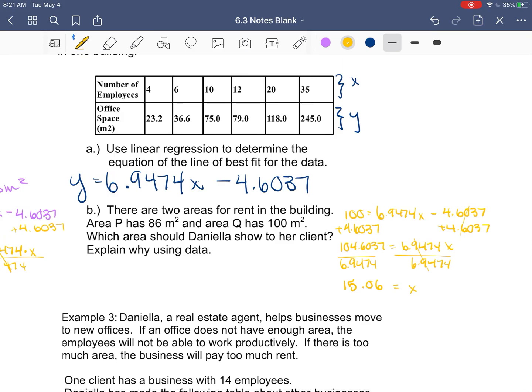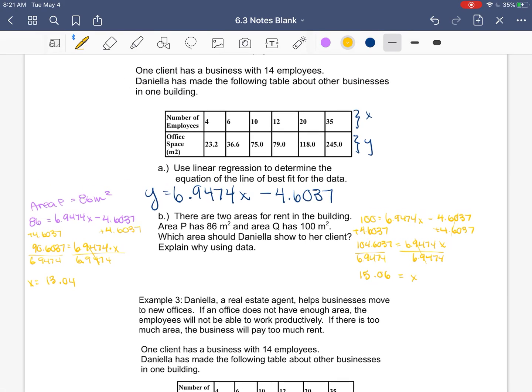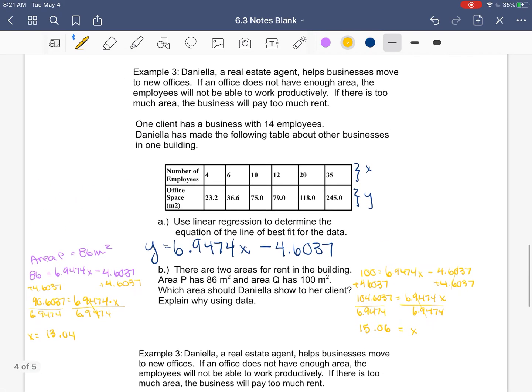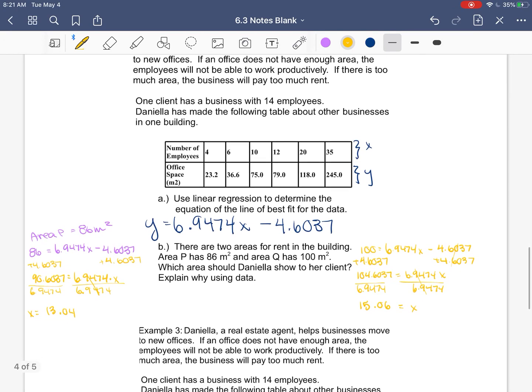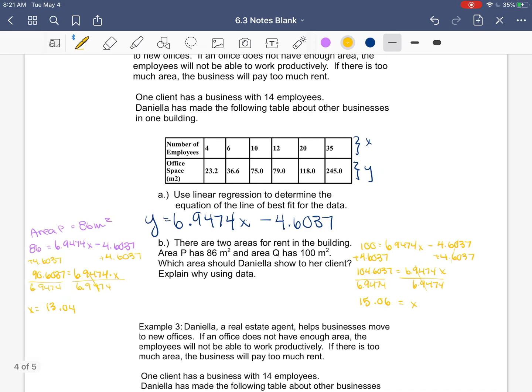So we've got two areas. It basically said that if there's not enough area, the employees can't work productively, and if there's too much area, the business will pay too much rent. They're either one above or one below. You could use whatever reason you wanted.